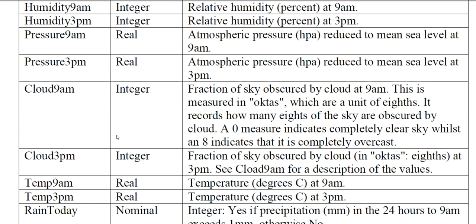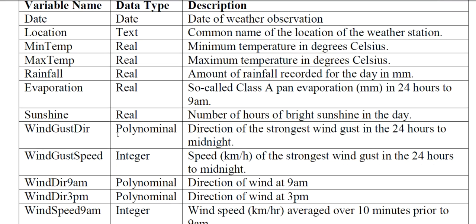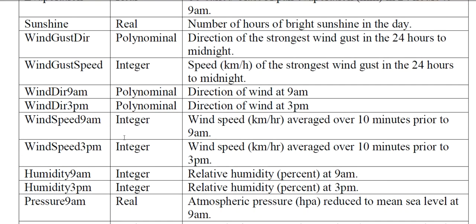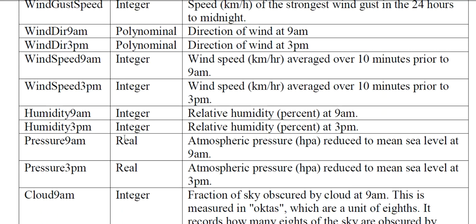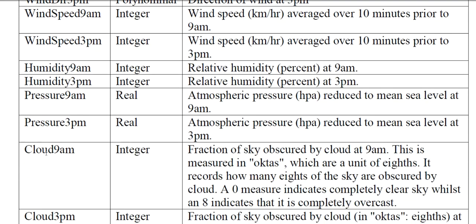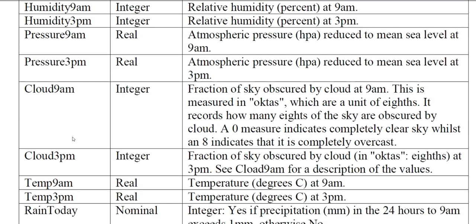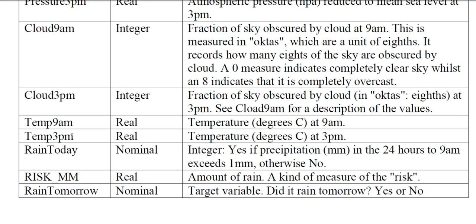Based on the data set, this is the weather condition related information: location, minimum temperature, maximum temperature, rainfall, evaporation, wind direction, wind speed, wind direction at 9 a.m. and 3 p.m., wind speed, humidity, pressure. These are all characteristics of weather conditions of a country for different locations. By using these values, we need to evaluate whether it is going to rain tomorrow or not.